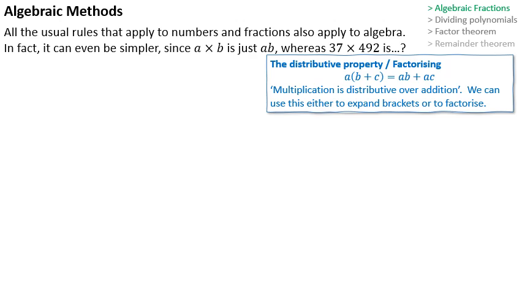It works for multiplying. It does not work in general for other functions. If you've got something plus something and then you want to square the result, that's not the same as adding the squares of the two original numbers. B plus C squared is not the same as B squared plus C squared. If you have sine of A plus B, that's not the same as sine of A plus sine of B. Most functions don't behave in this way, but it's useful that multiplication does.